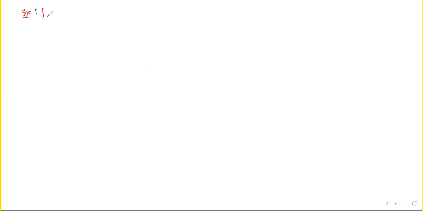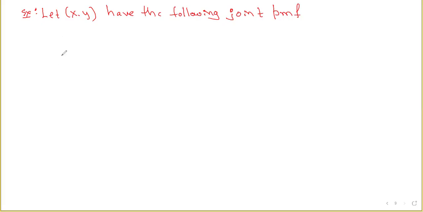Let x and y have the following joint probability mass function, right? In the form of a table here we have, not in the form of a function, right? So here we need to draw a table first.